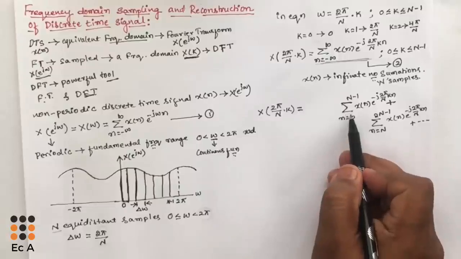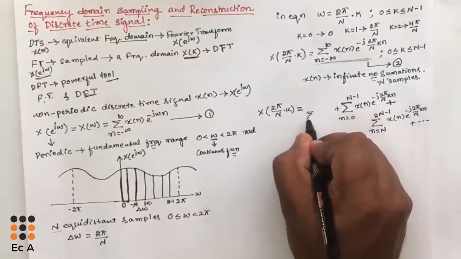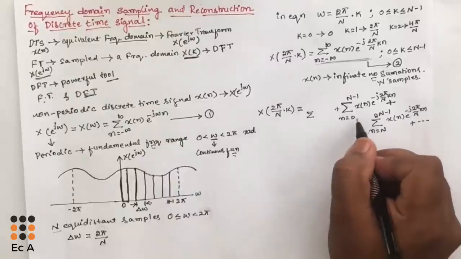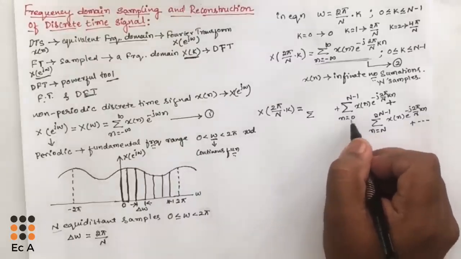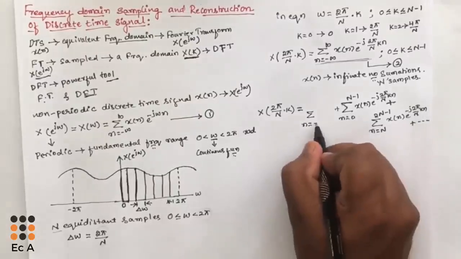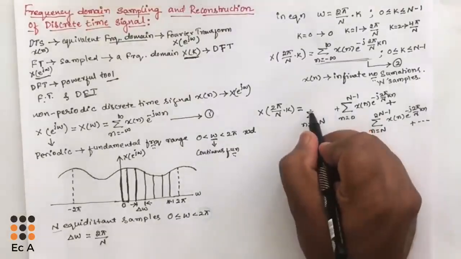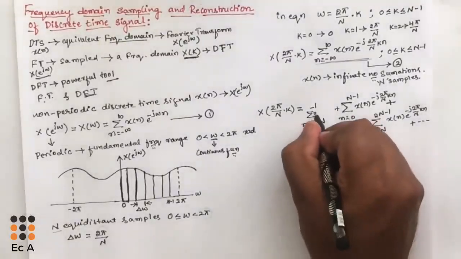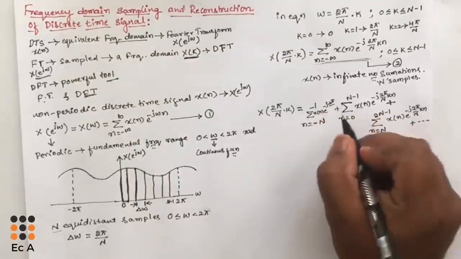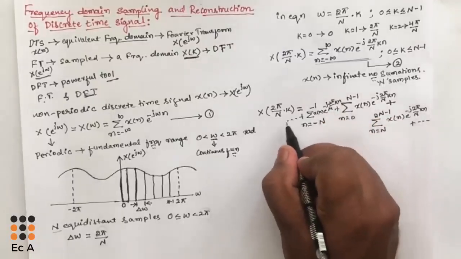The summation before this summation: for the next summation we have added N, so for the previous summation we need to subtract N. If we subtract N from this summation it will be n is equal to 0 minus N, which is minus N, and if you subtract N in the upper term you will be left with minus 1. x of n e to the power of minus j 2 pi by N into kn plus previous values.